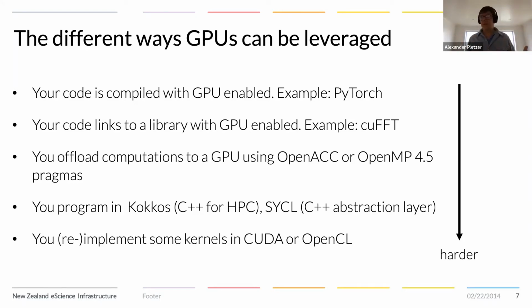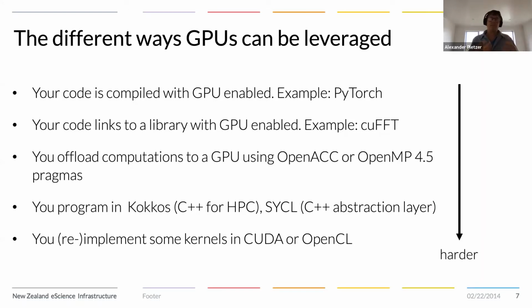The first is that you're given a code that is already compiled to run on the GPU, so just use it. You might have a code from chemistry, or you might be doing machine learning with PyTorch or TensorFlow. There's an increasing number of these tools that support GPU architectures underneath. Number 2, maybe your code links to a library that is GPU enabled.